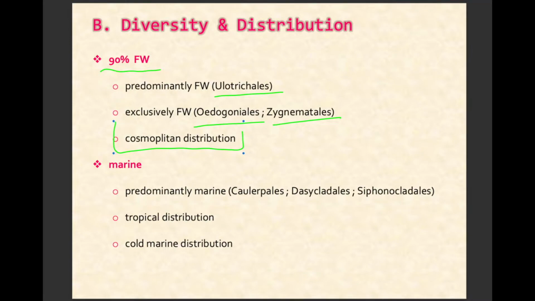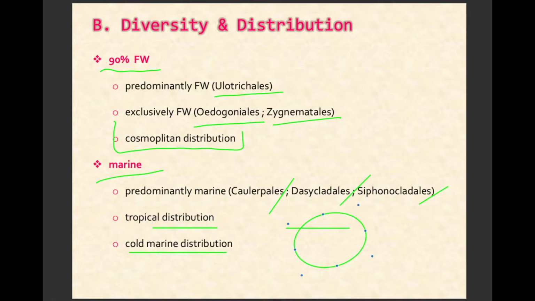And your marine species include predominantly your Caulerpales, your Dasycladales, and your Siphonocladales. Most of these are in tropical distribution, but some can also be found in colder marine regions. If you track their endemicity, most organisms present in, for example, the polar or colder marine regions are most probably endemic to that part.